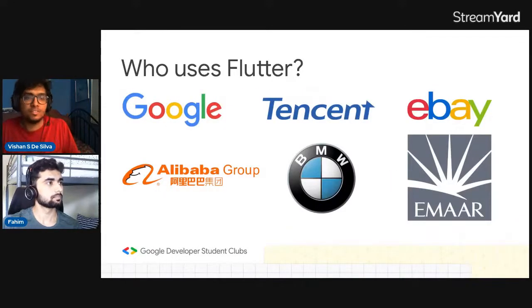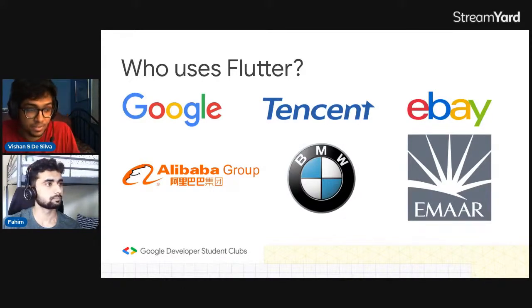So who uses Flutter? Well, obviously Google, they developed it, so they started using it for some of their mobile apps. Tencent, a Chinese electronic company, they use it for some of the products that they sell. eBay uses it for, I think it's called the eBay Motors app. It's available in North America. That's written in Flutter.